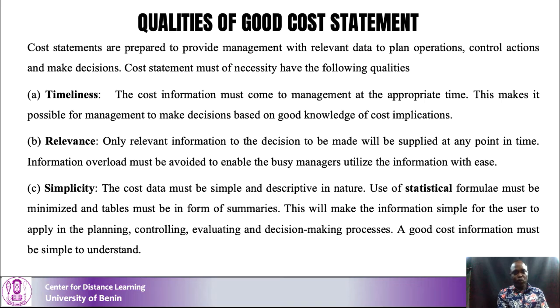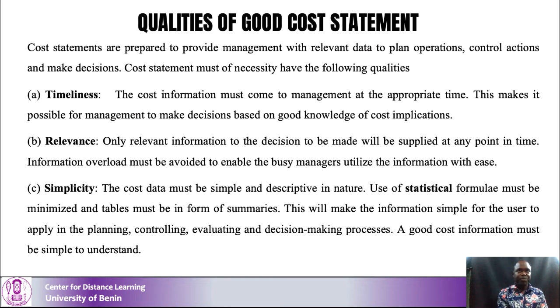The second quality is relevance. Only relevant information should be given to managers when they are saddled with the need to make a decision. Only information relevant to the decision that they are supposed to make should be given to them.